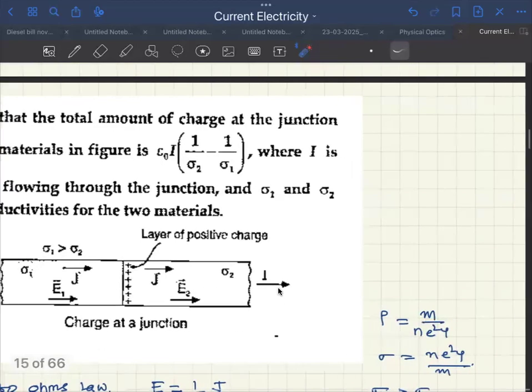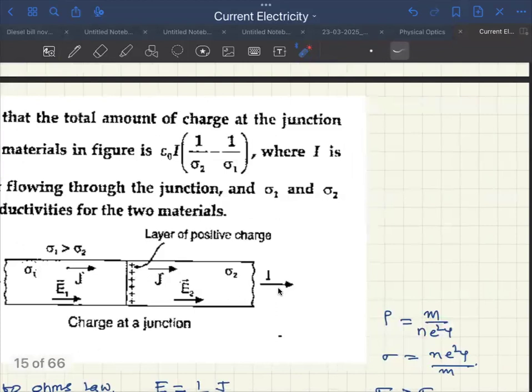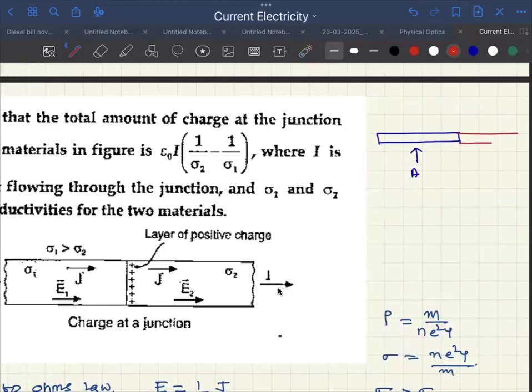See, for example, in our electrical connection, you are using two wires. For example, I am using wire 1. This is wire 1, and this wire is say made of a material A, followed by another wire.